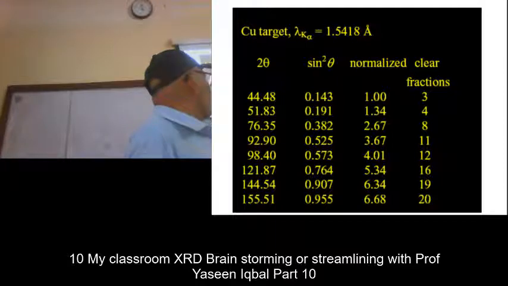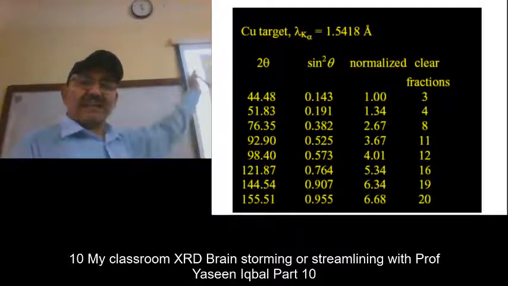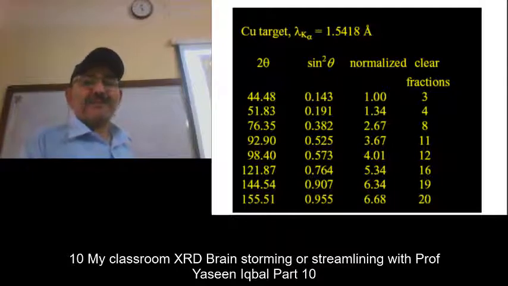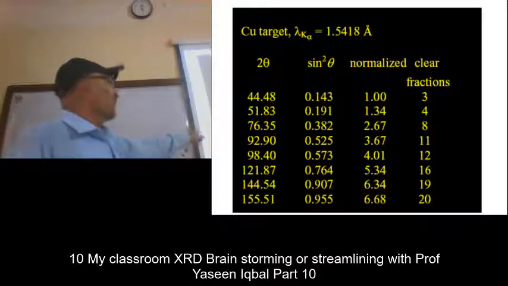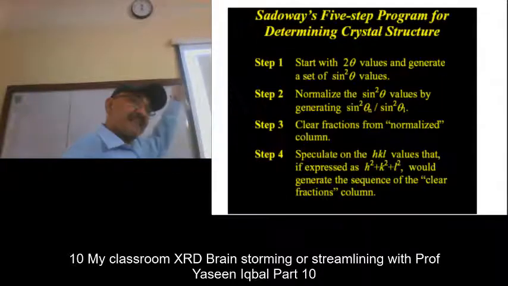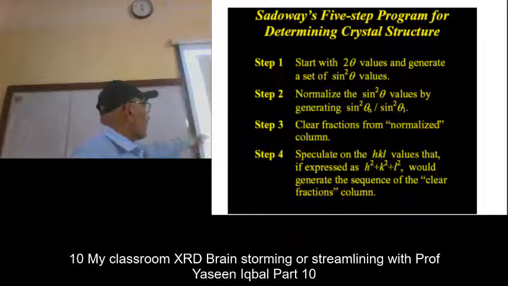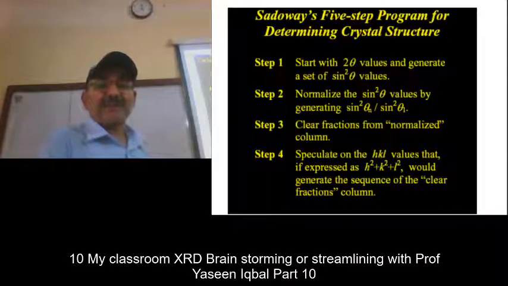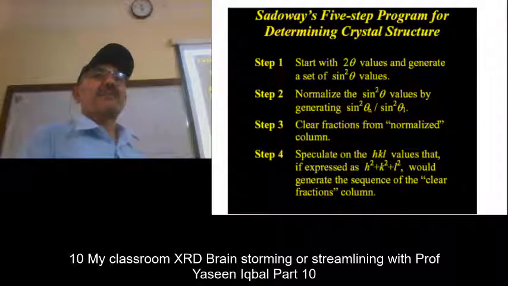Similarly, 2.67 will give you 8. And he got these values. Speculate now. The scale values that are expressed as h square plus k square plus l square would generate the sequence of a clear fraction column 3, 1, 1, 1, h square plus k square plus l square.